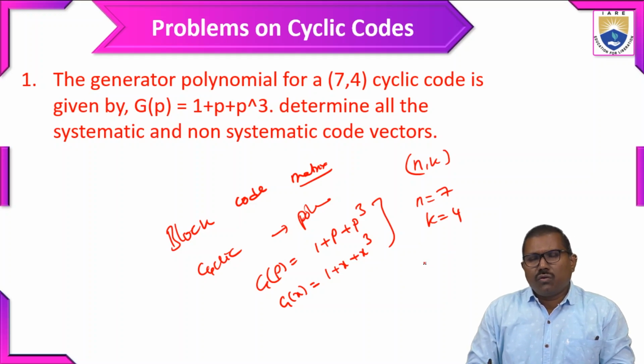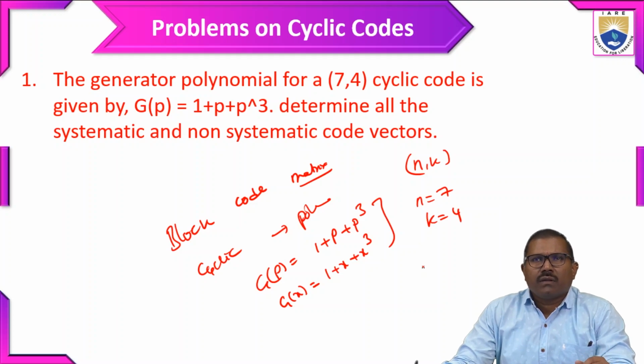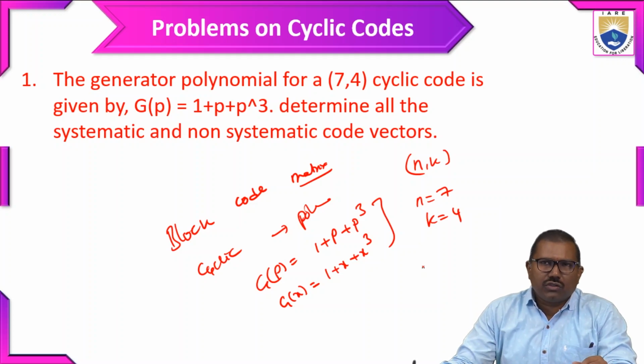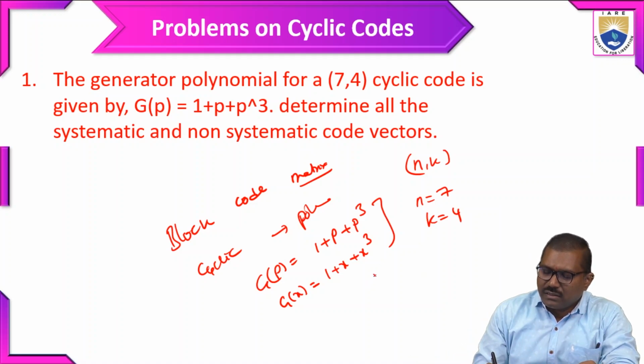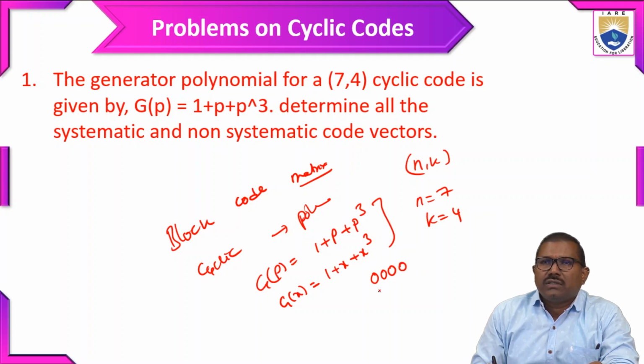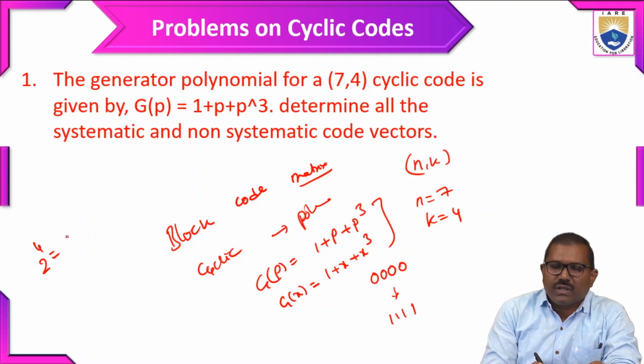Previously we discussed these block codes. The block codes are in matrix form. Matrix form means here the k-bit message starts from four zeros up to four ones. Why? Because here it goes to 2 power 4. What do you get for 2 power 4? 16.